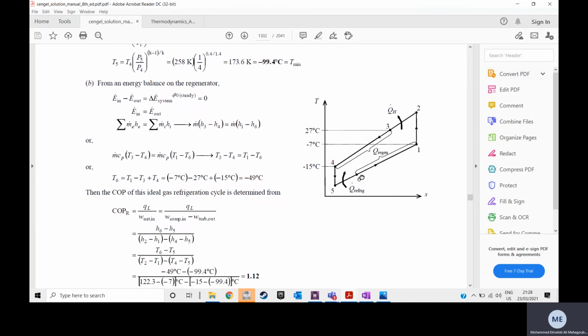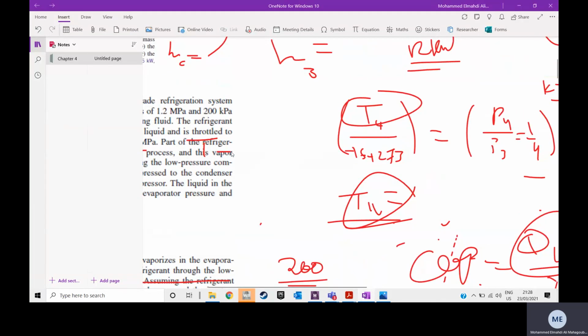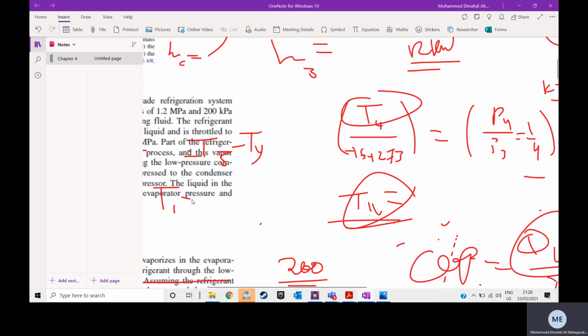So if you want to find 6, you're going to take 6 to the other side and bring back 1 to that side. So let me write it the way I wanted, according to the book terminology. T3 minus T4 is equal to T1 minus T6.